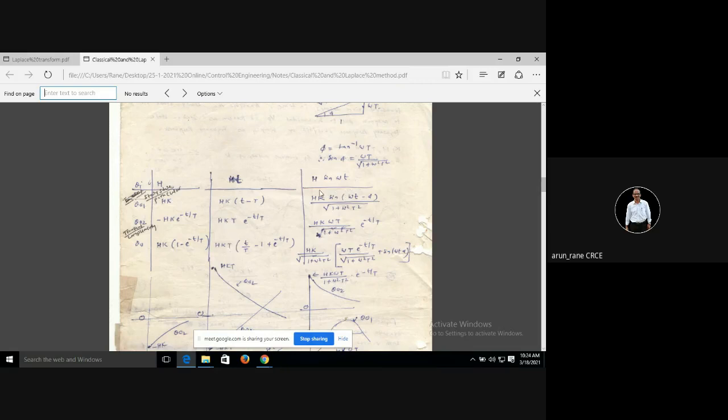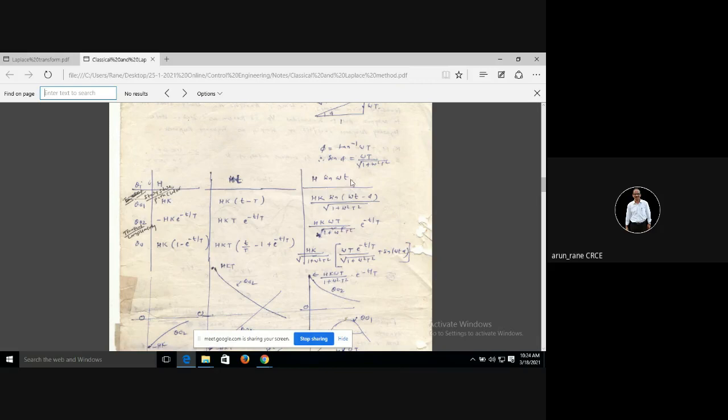And similarly, if my input is sinusoidal, that is say h sin omega t, then I get this hk sin of omega t plus phi, where phi is the phase angle.